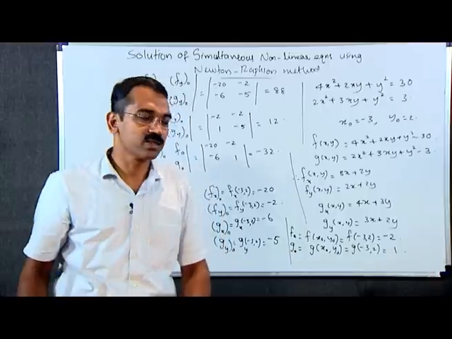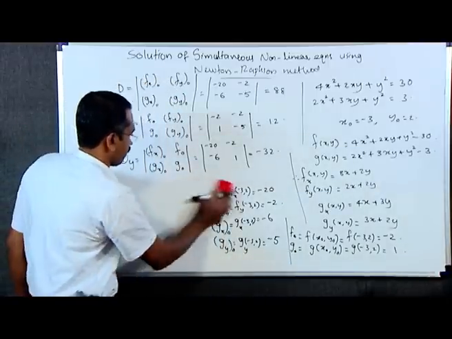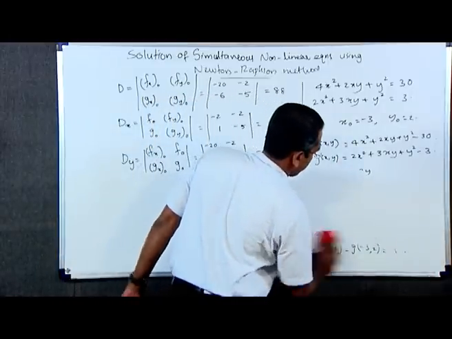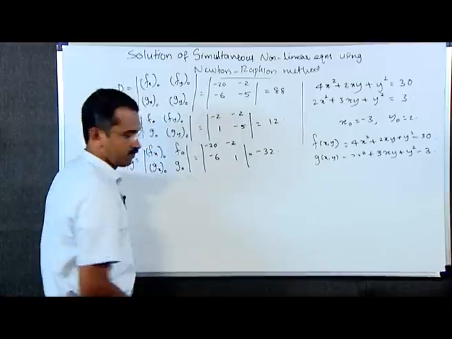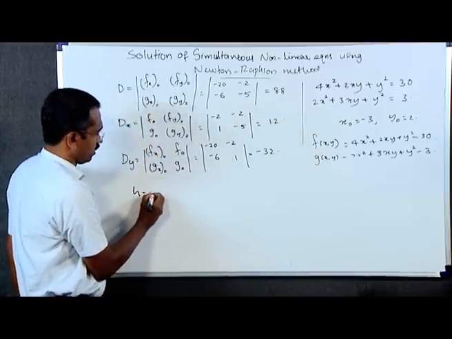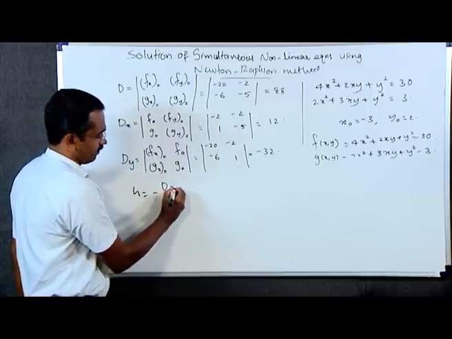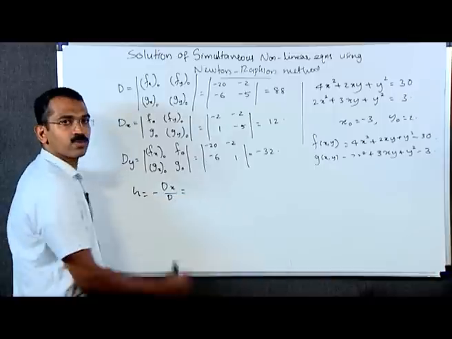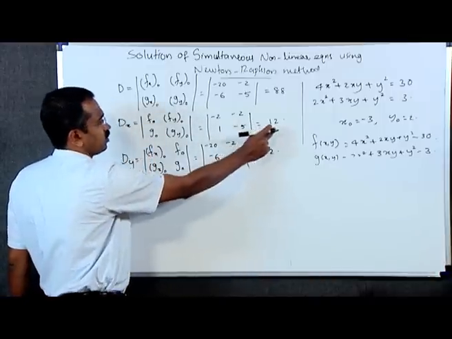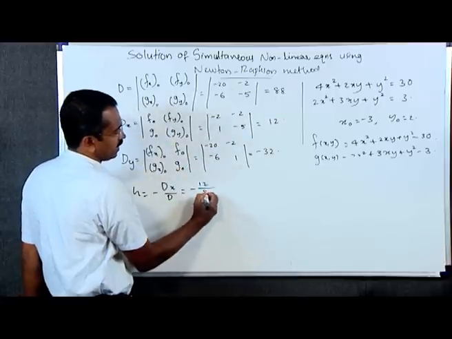Therefore, now we calculate h. h is equal to negative of Dx divided by D, which is equal to negative of the value of Dx, 12, divided by the value of D, 88.